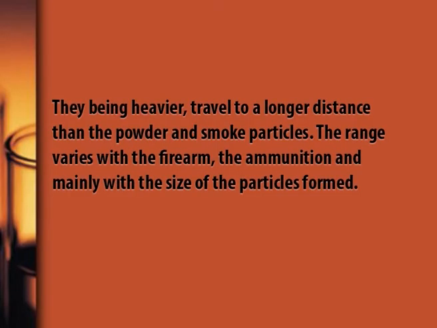They are scraped from the projectiles by the barrels, and thereby form a part of the projected charge. They, being heavier, travel to a longer distance than the powder and smoke particles. The range varies with the firearm, the ammunition and mainly with the size of the particles formed.